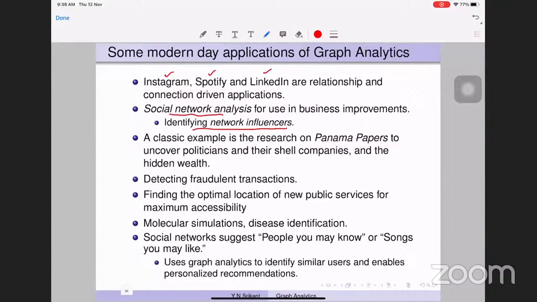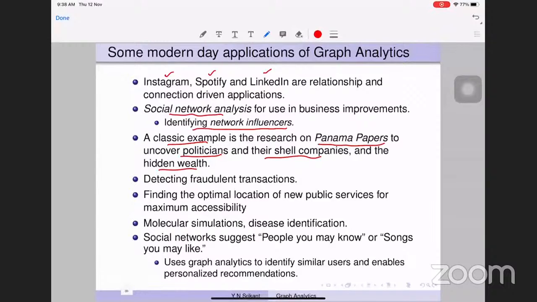A classic example is the research on the famous Panama Papers. The journalists were the ones who used graph analytics to uncover politicians, their shell companies, and the hidden wealth. This was a couple of years ago. So that's one very large application.